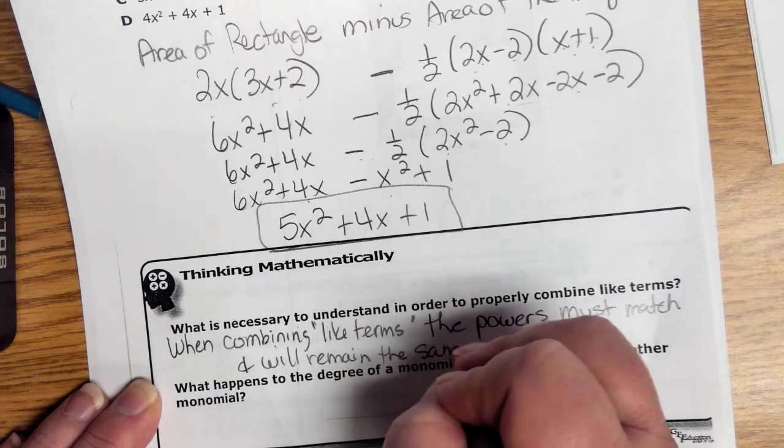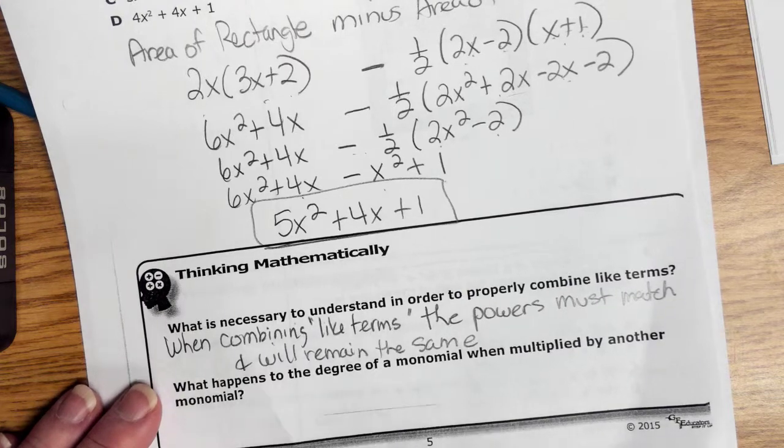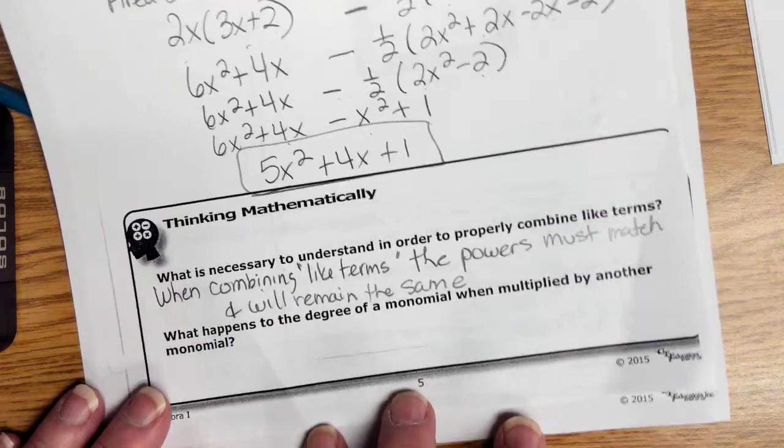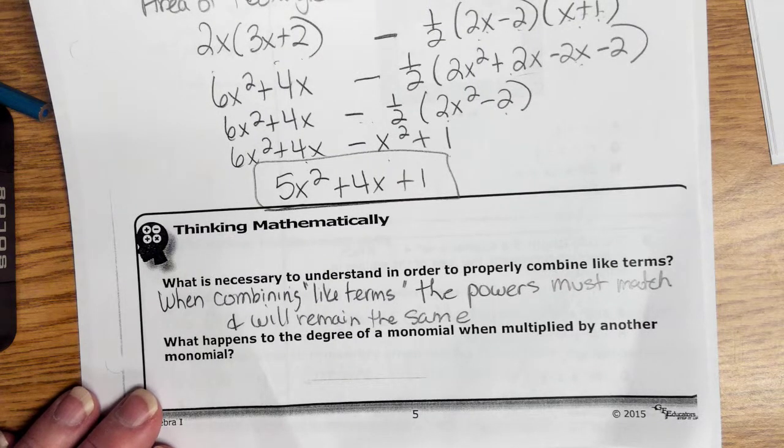What does combining mean? Adding, right? Combining means adding or subtracting, because you could be combining integers. One's positive, one's negative, so you're combining. That means that the powers must match and will remain the same.